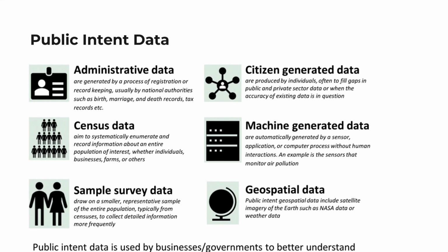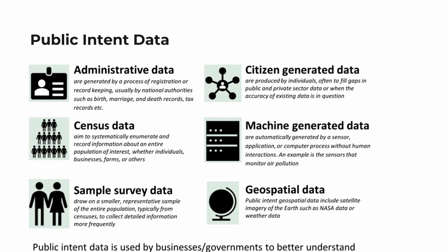There are different categories of public intent data, and it's important to start by understanding that public intent data is used by businesses or governments to better understand their target audience and really tailor their products or services accordingly. Some of these public intent data include administrative data, which is generated by a process of registration or record keeping.